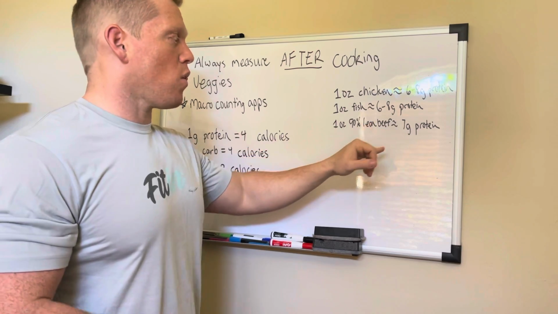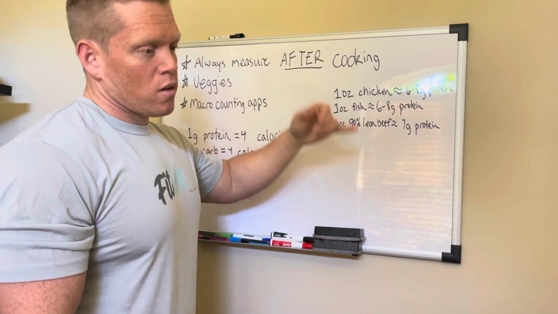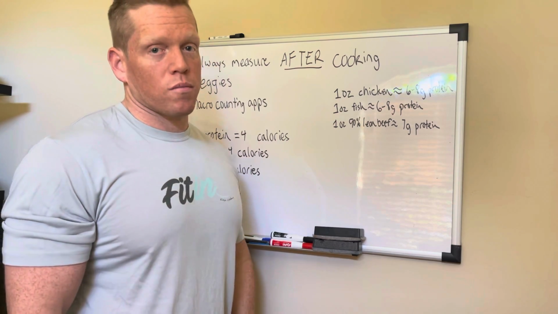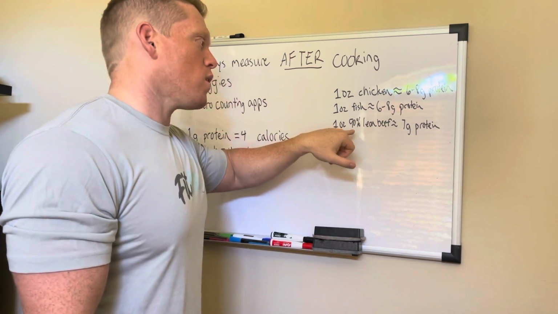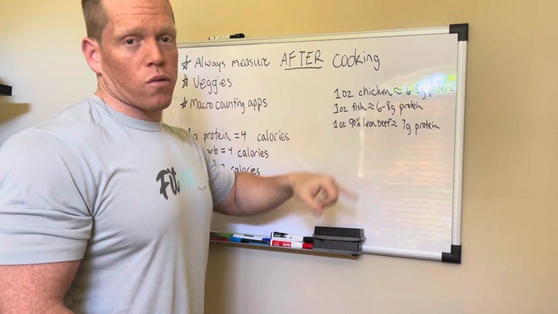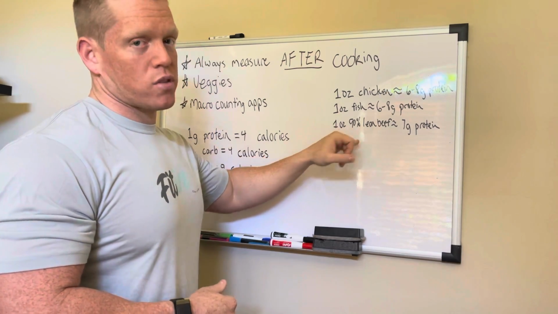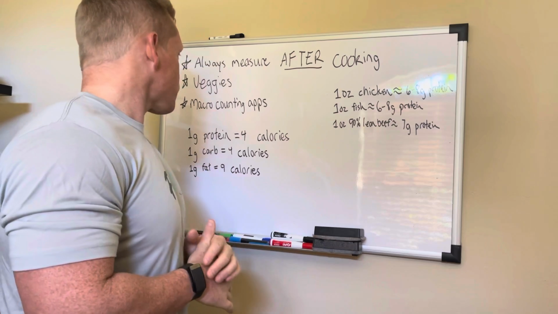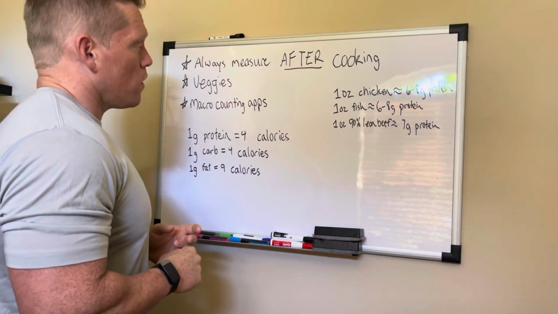See, the thing with beef also is, say you go buy 70% lean beef, you're only getting about 4 grams of protein per ounce of that. So it's very important that you keep track of what you're buying when you go to the store. You want it to be at least 90% in order to be conducive. So that's basically it.